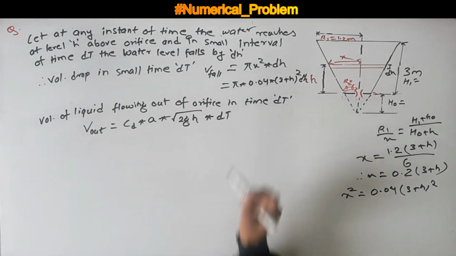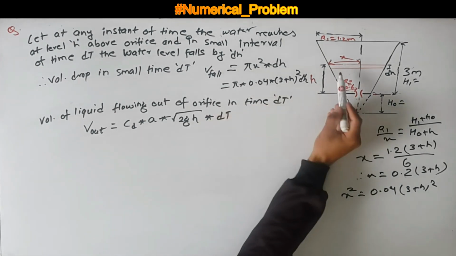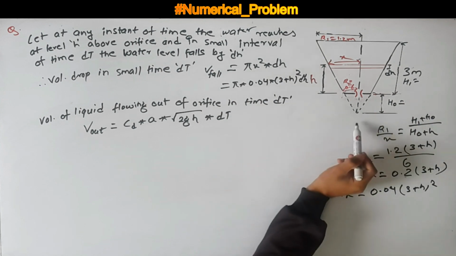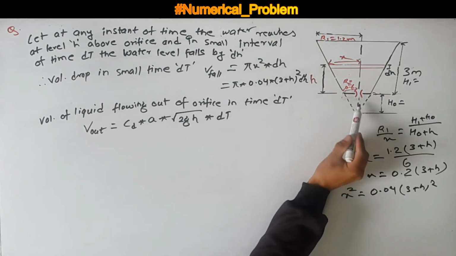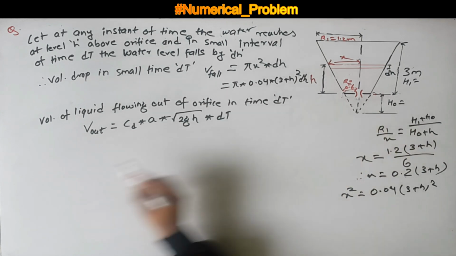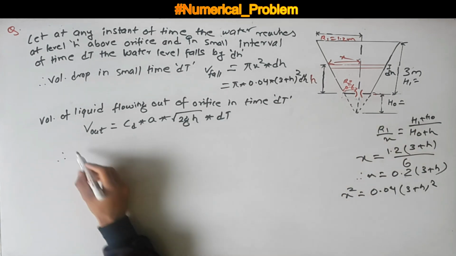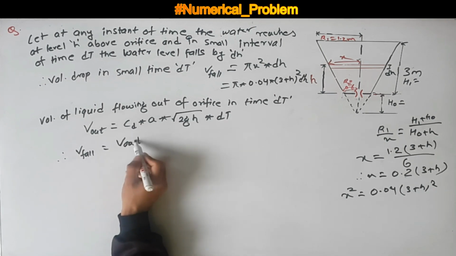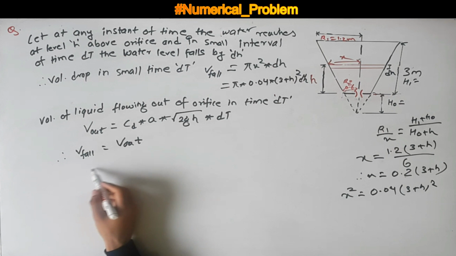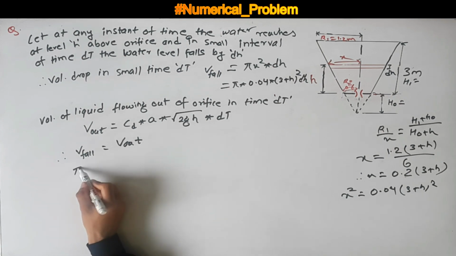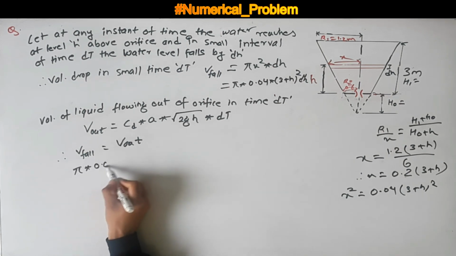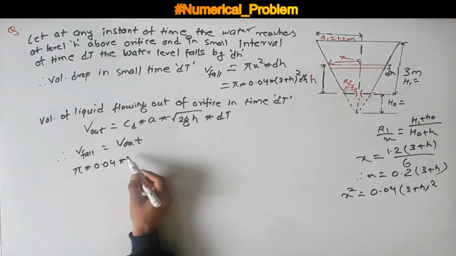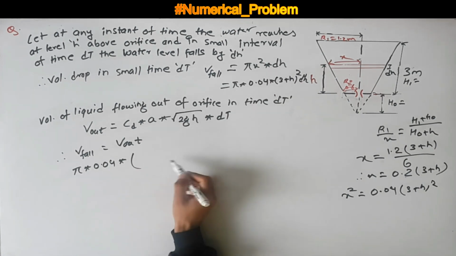This is dt, and this volume of fall must be equal to the volume of liquid flowing out from this orifice. Therefore we equate these two. V fall equal to V out. This V fall is pi into 0.04 into, we can square this term.